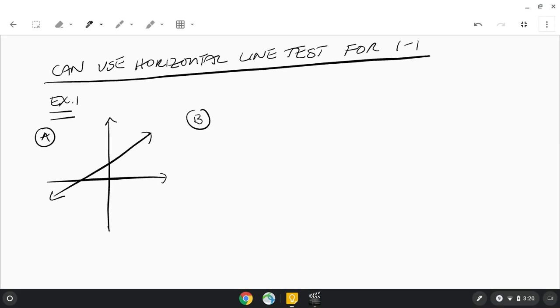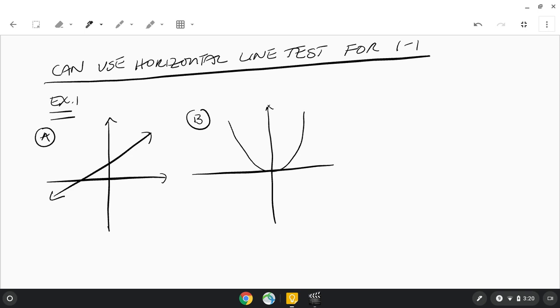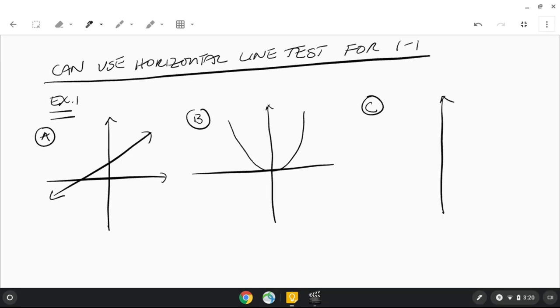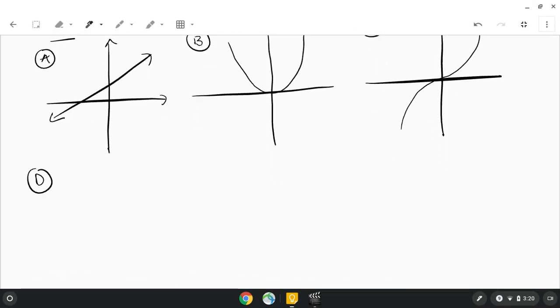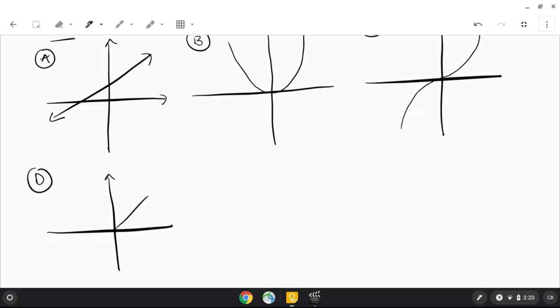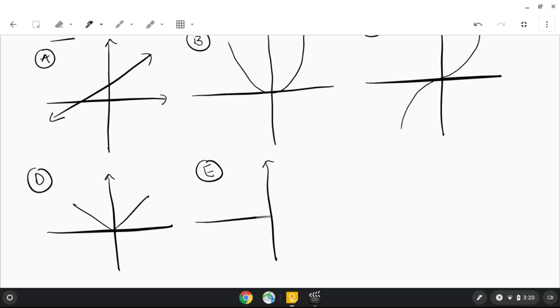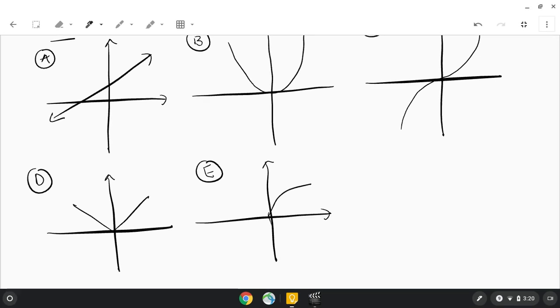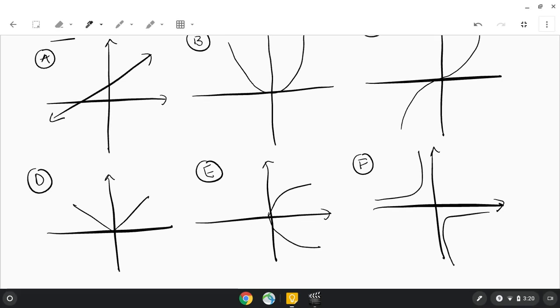We will take a look at a parabola, open upward, an x cubed graph, an absolute value graph, a sideways parabola, and these here, which we will cover more in the last section of chapter 3. Okay, so let's take a look at these 6 graphs.